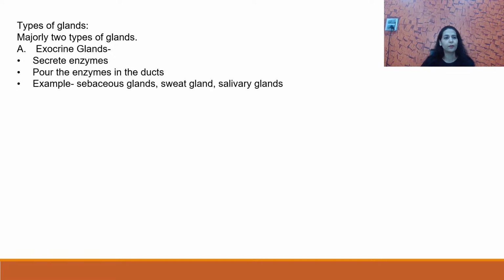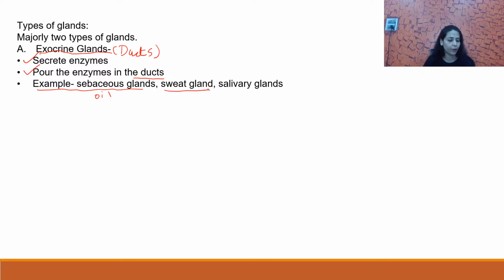Exocrine glands. They secrete enzymes. They pour their enzymes in the ducts. So they are the glands which possess ducts. Example, sebaceous gland, the one that secretes oil.